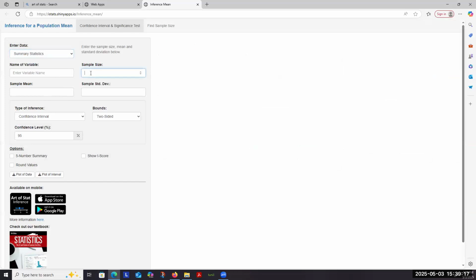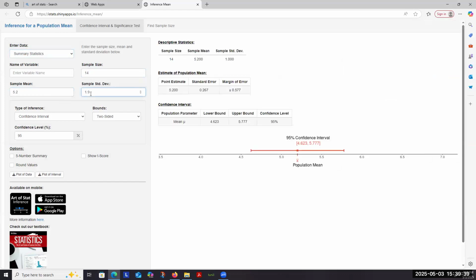So give us the sample size. The sample size was small, 14. Sample size of 14. Sample mean of 5.2. And then we have s of 1.9.